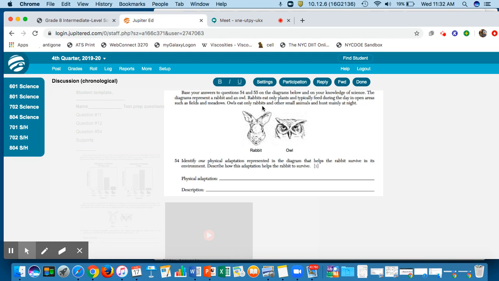Owls eat only rabbits and other small animals and hunt mainly at night. So if you usually see owls at night, they have these large eyes. Rabbits mostly reproduce a lot and they're fast. So you hardly see owls and rabbits as predator and prey.